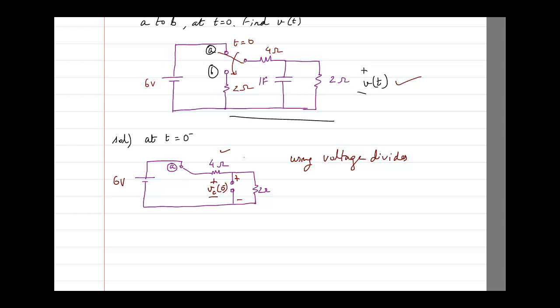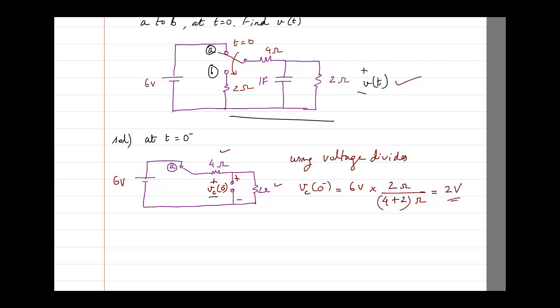Here I am having 6 volt getting divided between 4 and 2 ohms. So V C of 0 minus is going to be 6 volt multiplied by the resistance across which we want to find the voltage divided by the total resistance, which is 4 plus 2 ohms, which is 6. The 6 and 6 cancel, so I will get 2 volt.